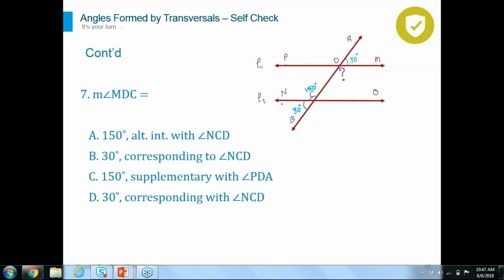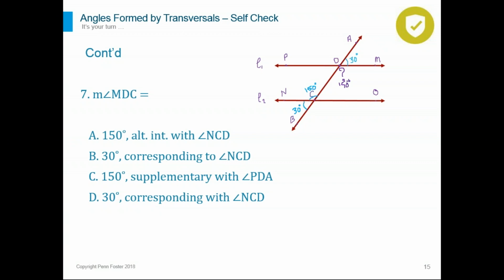So this angle measure is 150 degrees, and the right reason is that NCD is alternate interior angles with this angle, 150 degrees. So the answer is A. There is another answer, but it's not given in the answer choices.